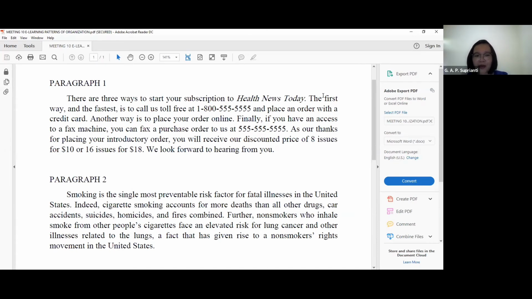Marta, what is the paragraph about? Tentang apa paragraf ini? I'm so sorry, Miss. This paragraph talks about the ways to start the subscription to health news today.